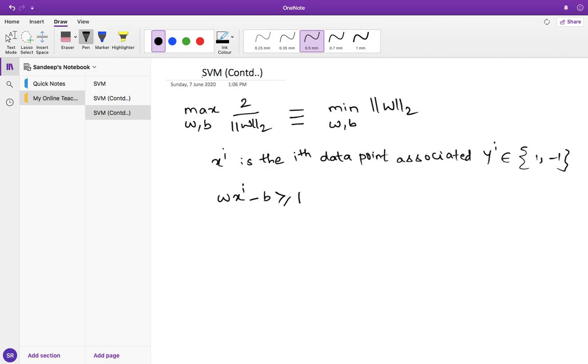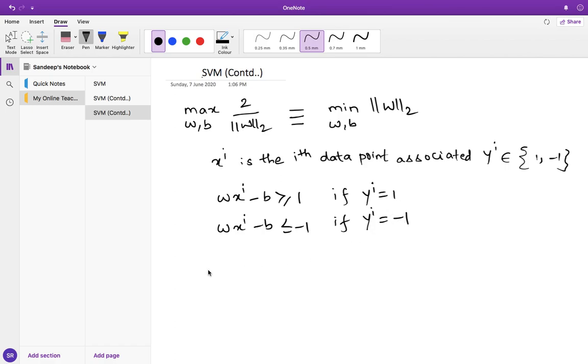When is this the case? If yi, or the class information, is equal to 1. In the same way, the data point wxi minus b is less than or equal to minus 1 when it belongs to the class minus 1.